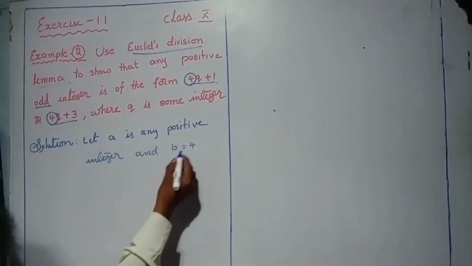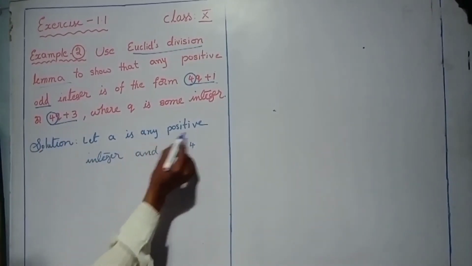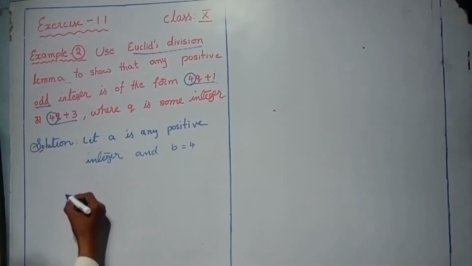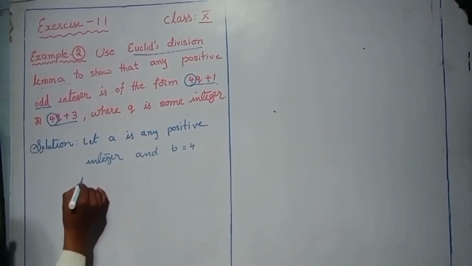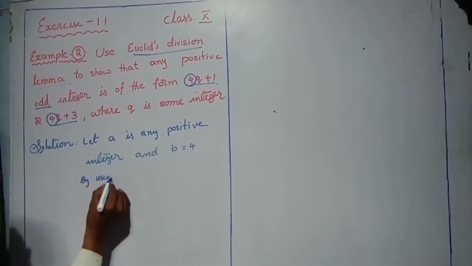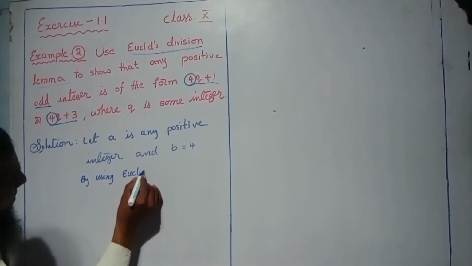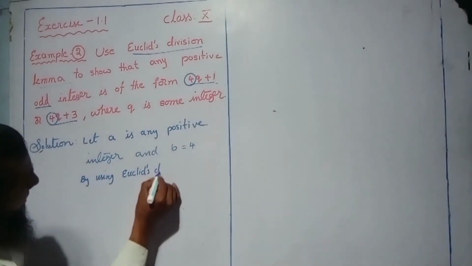Let a be any positive integer and b equal to 4, by using Euclid's division lemma.